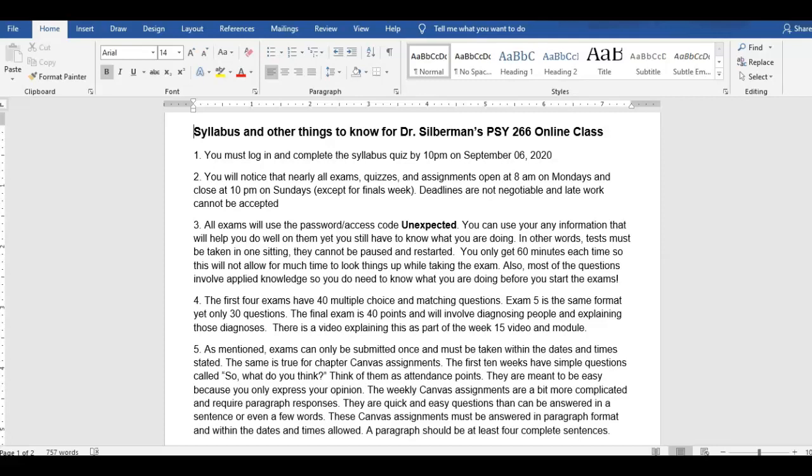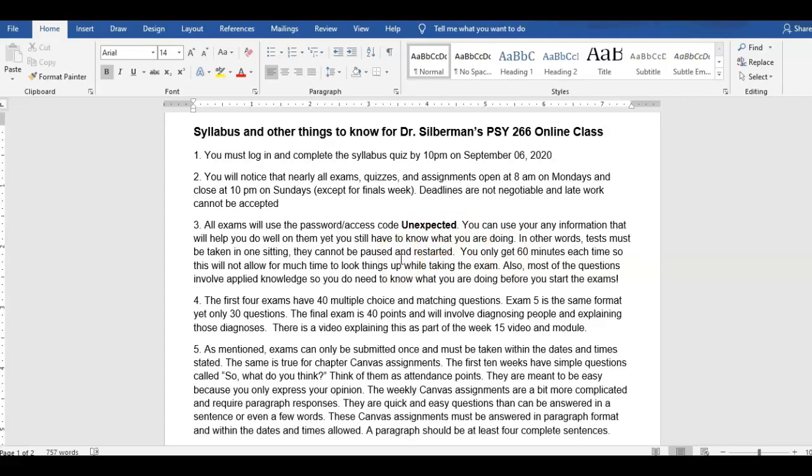Technology not working is not a good excuse. Do it early, just in case you don't have internet access, or your tablet dies, or your laptop died, you can't charge it. Don't let that happen. Make sure that you stay on top of all these things. All of the exams, number 3, will use the word unexpected as a password or access code.